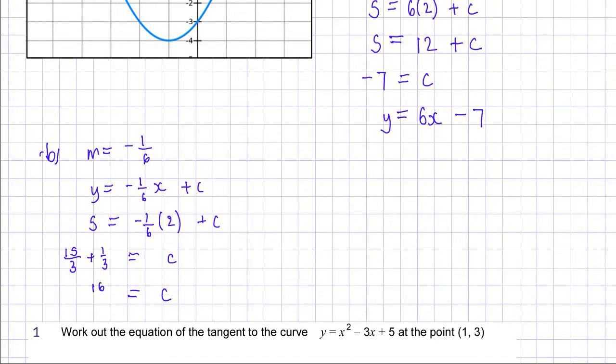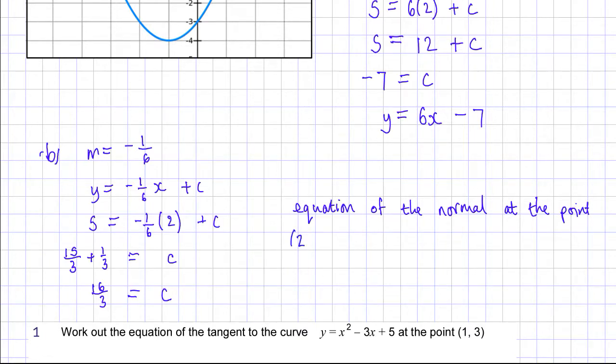16 over 3. So my equation of the normal at the point (2, 5) is y equals minus 1 over 6 x plus 16 over 3.